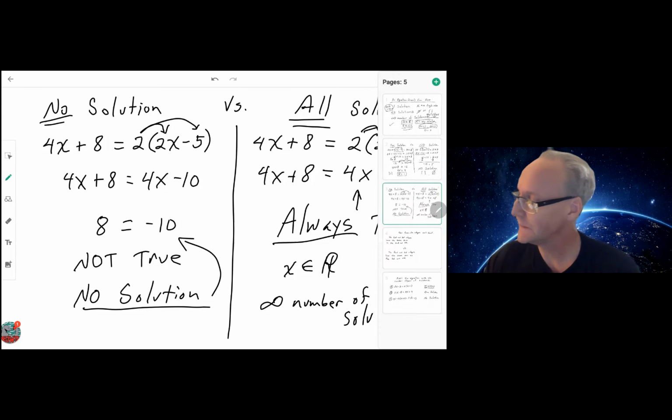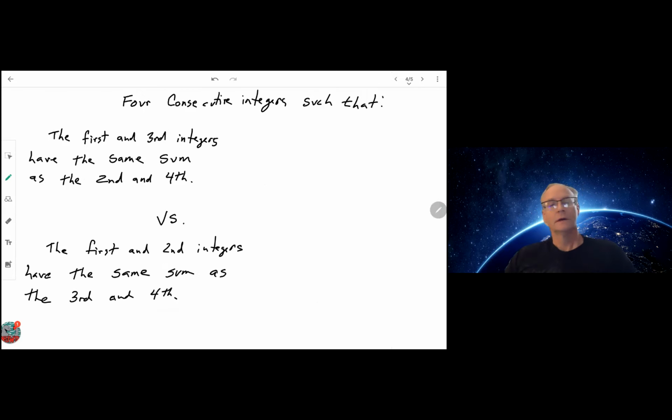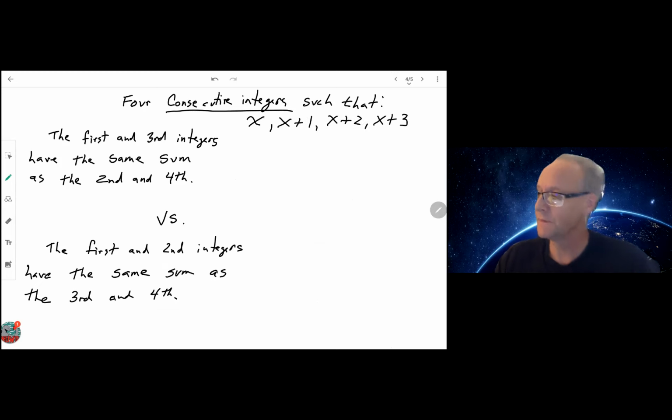One last one, I think. Oh, yeah. I wanted to do a word problem. So in this first one, I have 4 consecutive integers. Remember that consecutive integers are like x plus 1, x plus 2, x plus 3. There's the algebraic method for writing 4 consecutive integers.